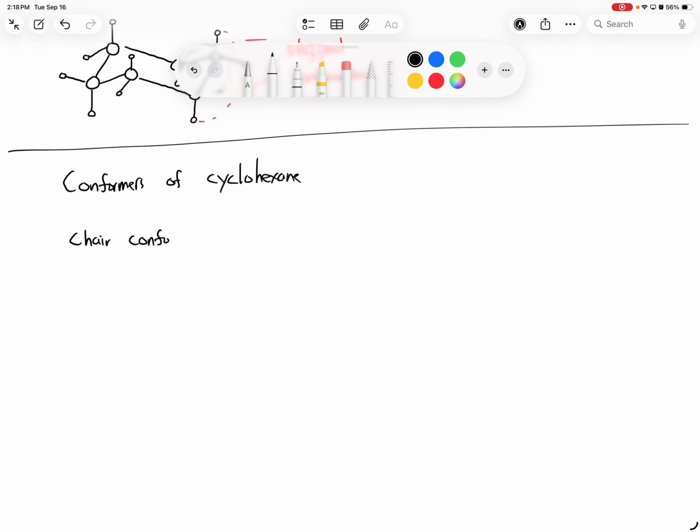And for chair conformers, the bonds we draw are classified into axial and equatorial positions. Okay, so let's just draw our generic chair structure here.